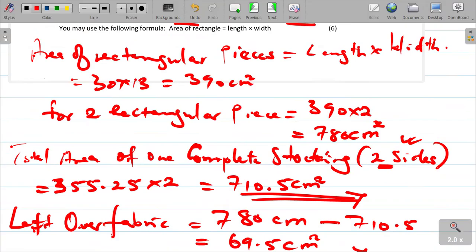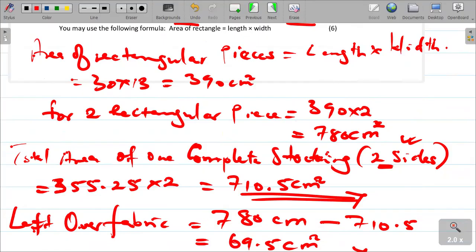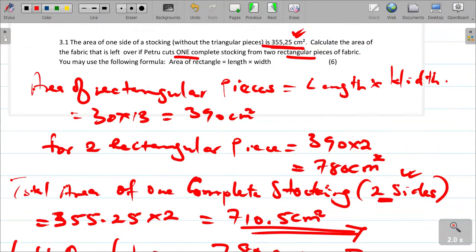And then having that, it is our leftover, because that is the measurement when we take out the areas of the rectangular pieces and also the area of those two.